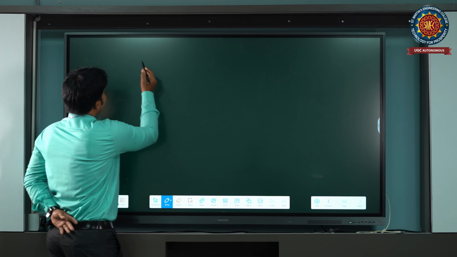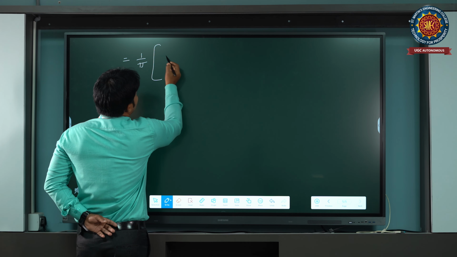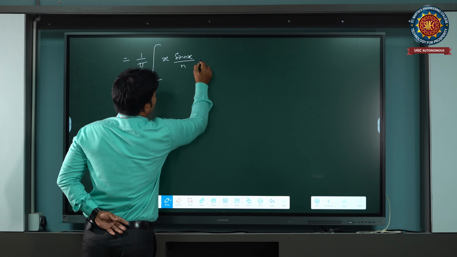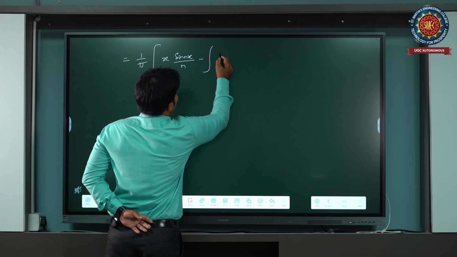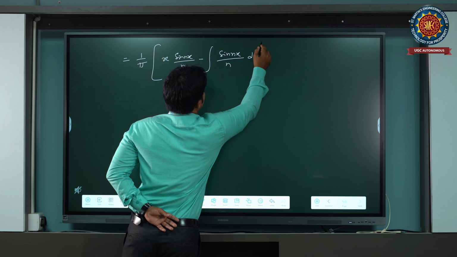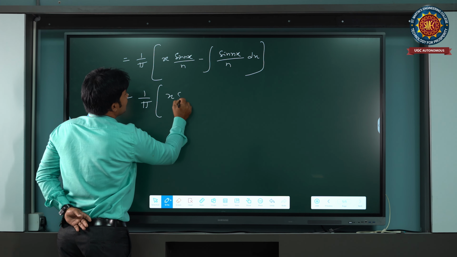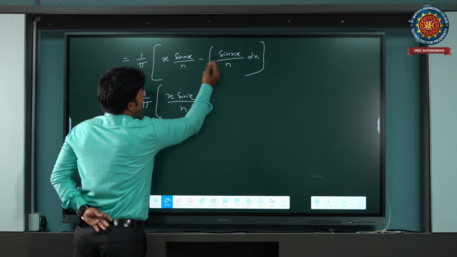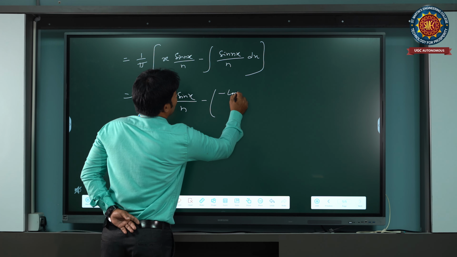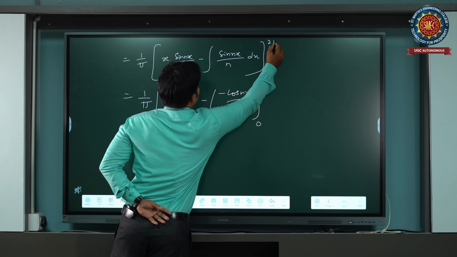Again equal to 1 by pi, x sin nx by n minus integral sin nx by n dx. The integral of sin nx is minus cos nx by n, so minus cos nx by n square, limits 0 to 2 pi.